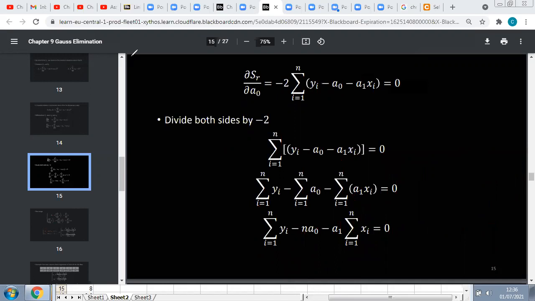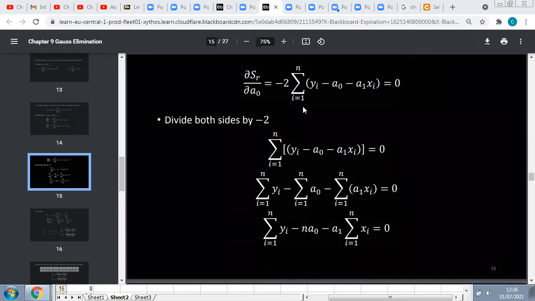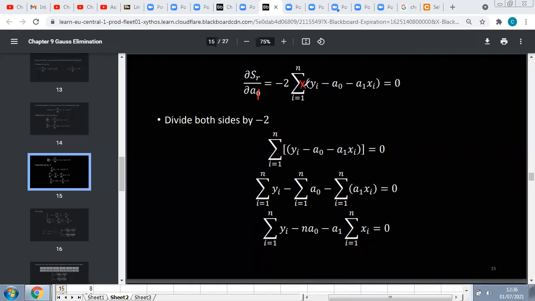Okay, now we will proceed in a similar way to get a second equation. If you remember, the second equation was del SR by del A1. The only difference is that here there was an extra xi inside. That is the only difference between the two equations. It was minus 2 summation from 1 to n of xi times (yi minus a0 minus a1 xi).